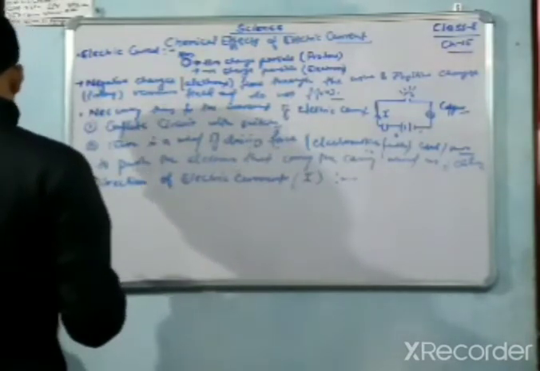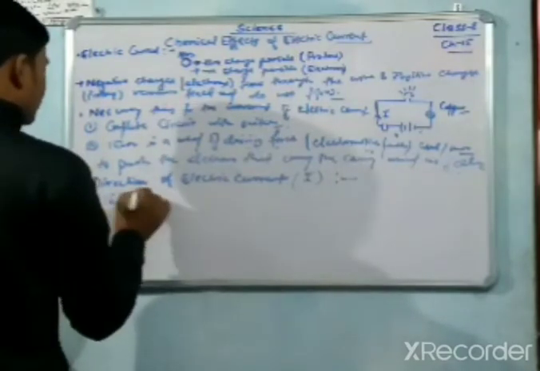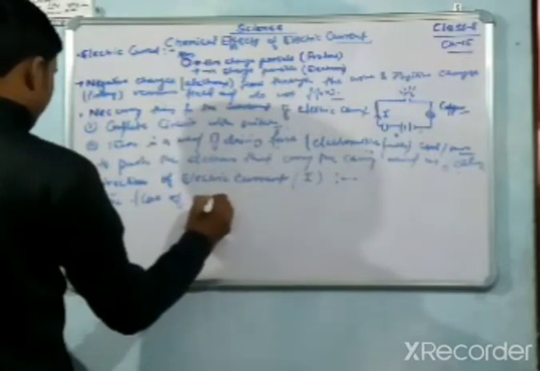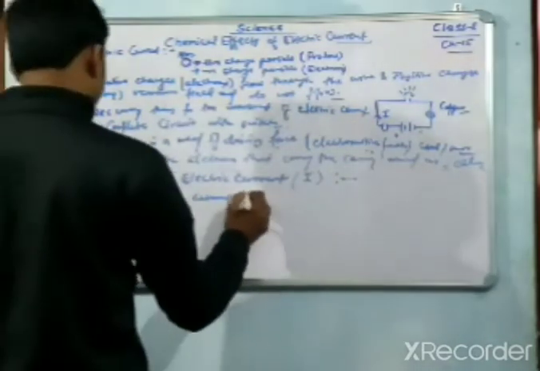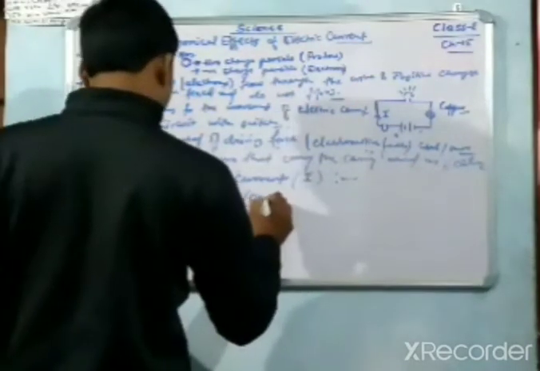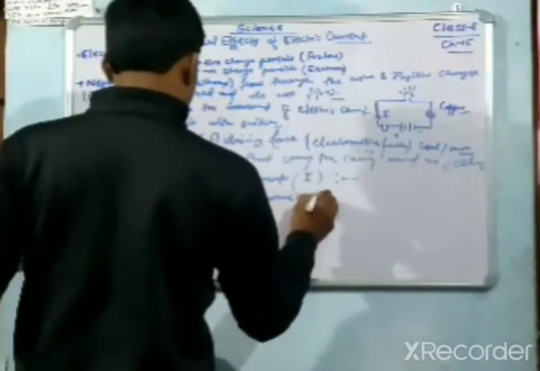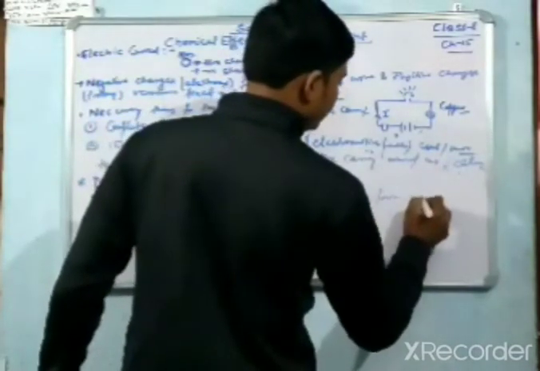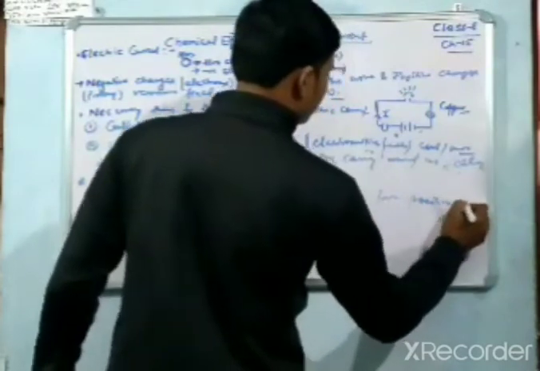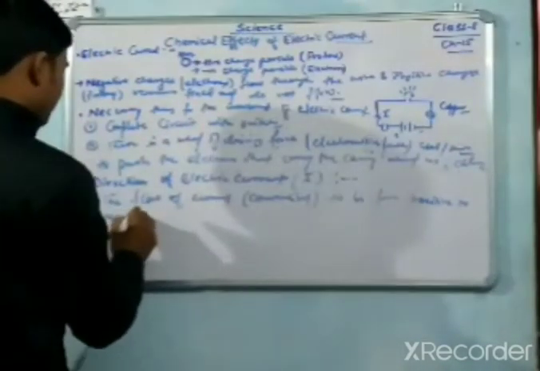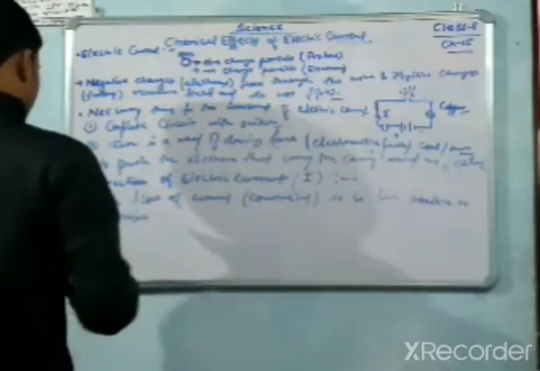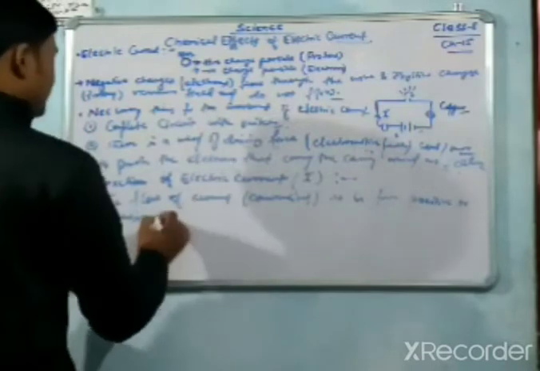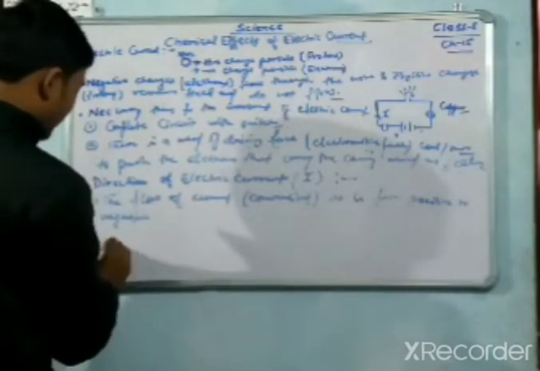The flow of current, or we can say conventional current, is from positive to negative.